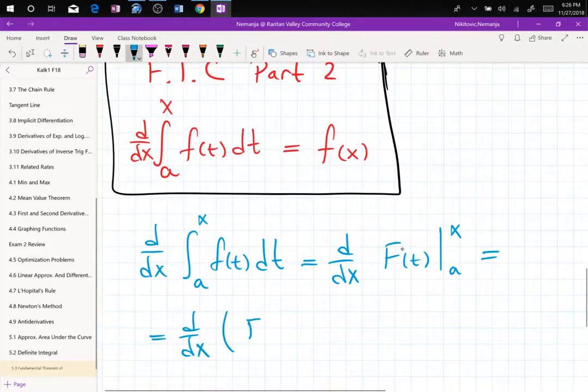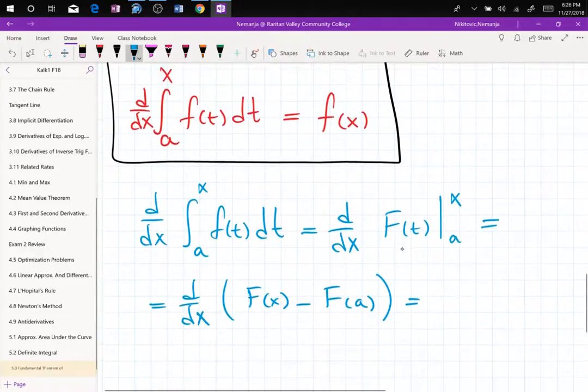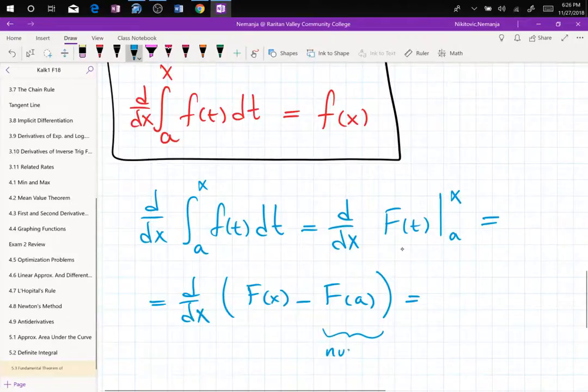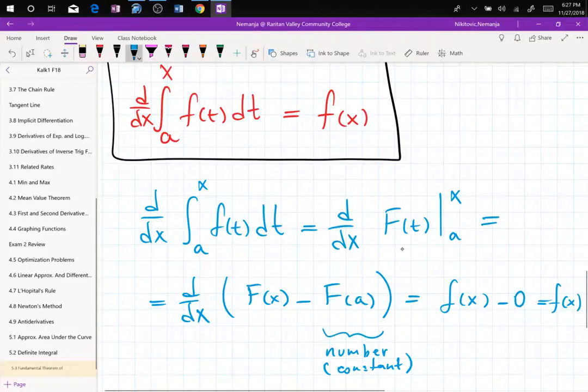We have F of x minus F of a. But now when you take the derivative, see, this is F of a. This is just a number, also known as a constant.